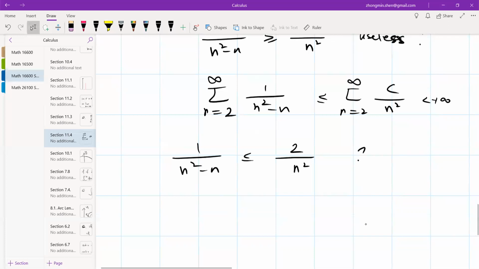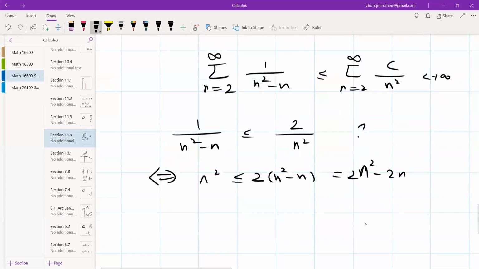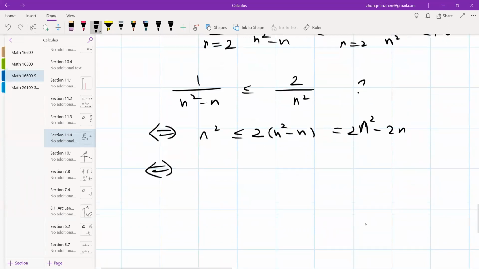We multiply this out. This is equivalent to 2n squared minus 2n, and this is equivalent to 2n less than or equal to n squared, which is equivalent to 2 less than or equal to n. Great. So that means when n is greater than or equal to 2, the above inequality holds. Clear? Okay, so that's all we need.